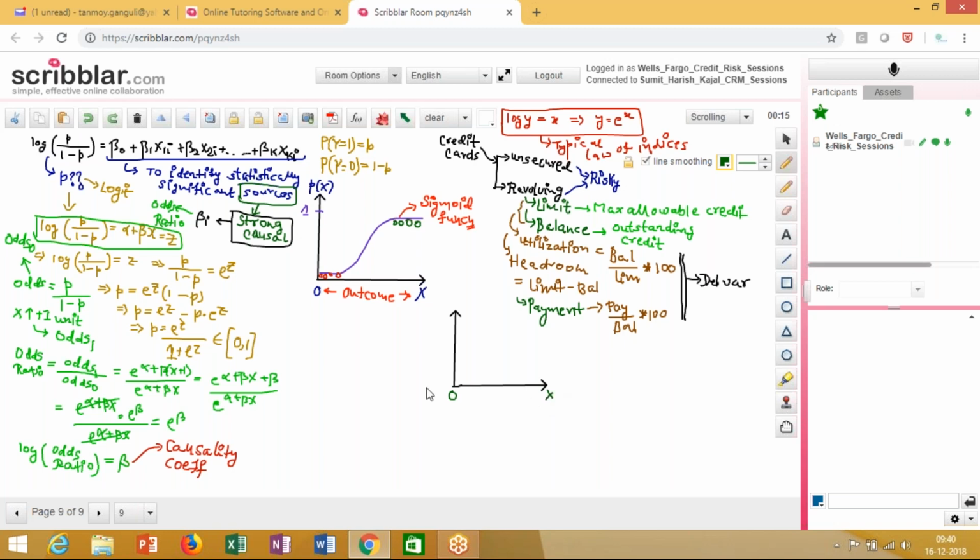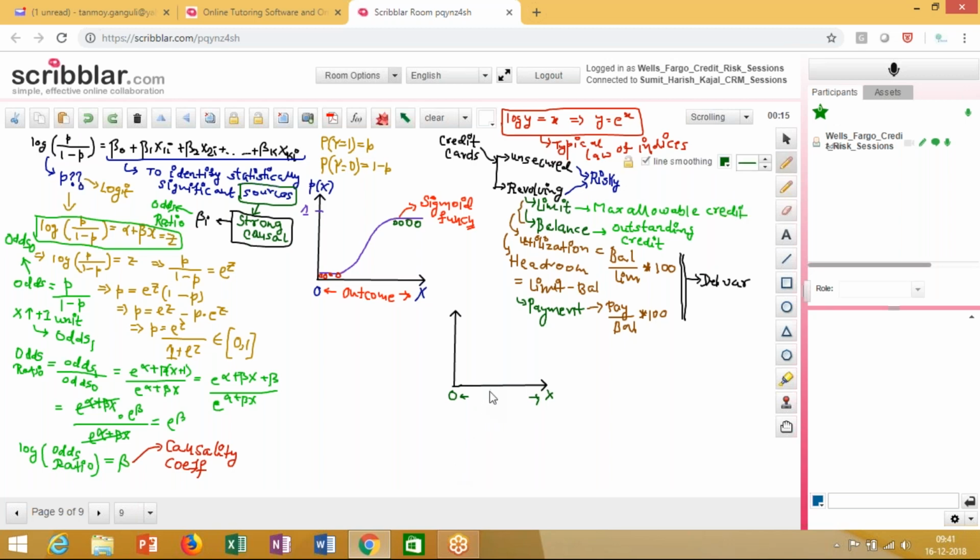So x is the percentage values, okay? Or let's say, no, it's not the percentage values, rather it's time.